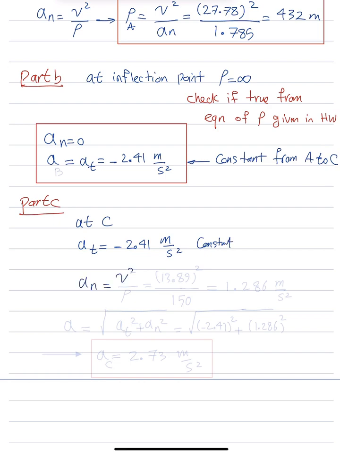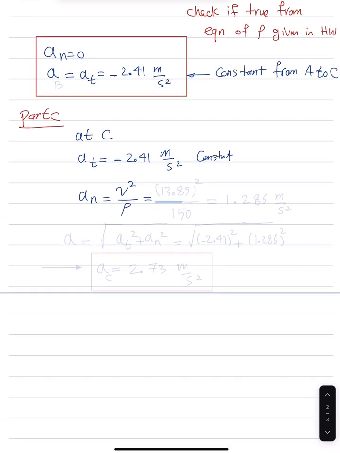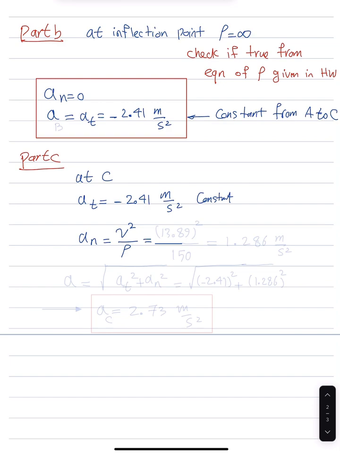AN at any point is v squared over rho. V is given up here. It was 50 kilometers per hour, and we turn it into meters per second.